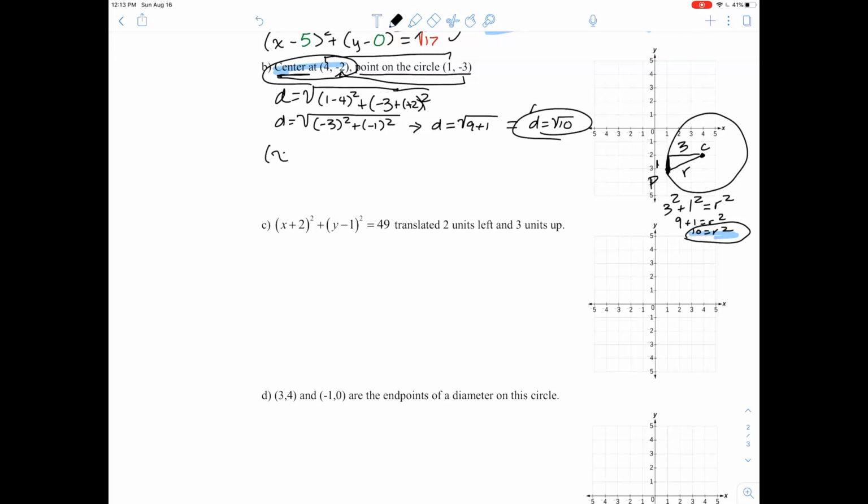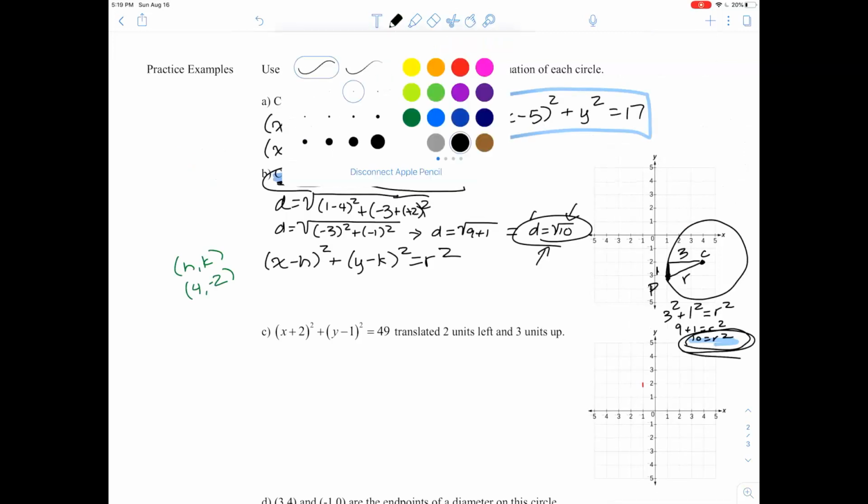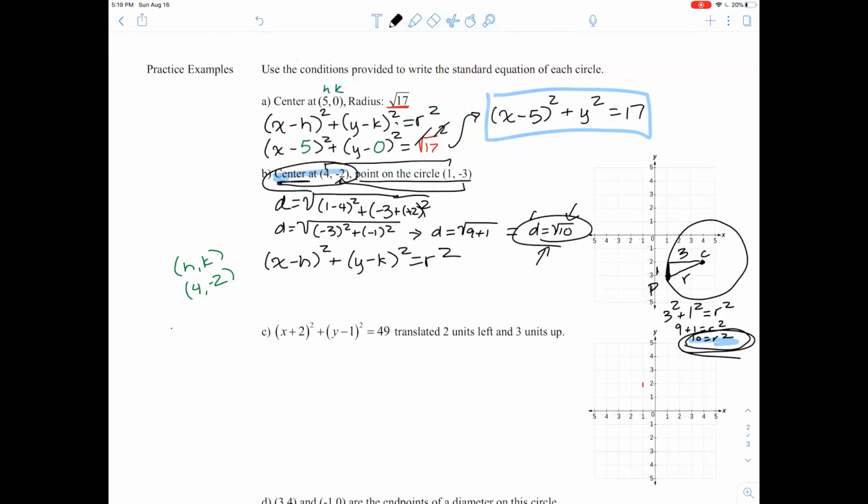The formula goes like this: x minus h quantity squared plus y minus k quantity squared equals radius squared, right? So my h, k is at 4, -2, and your radius is the square root of 10, and your r squared, which we found over here, is 10. So I think I'll just use that value there.